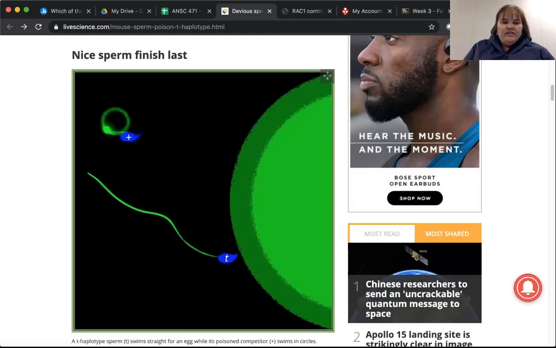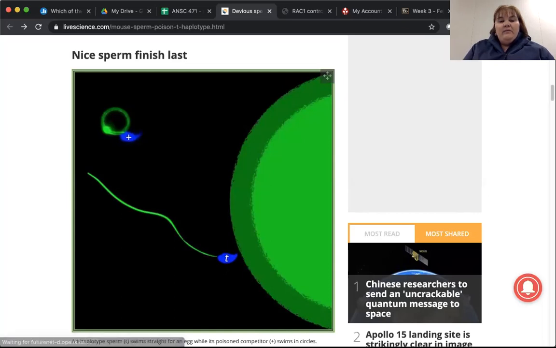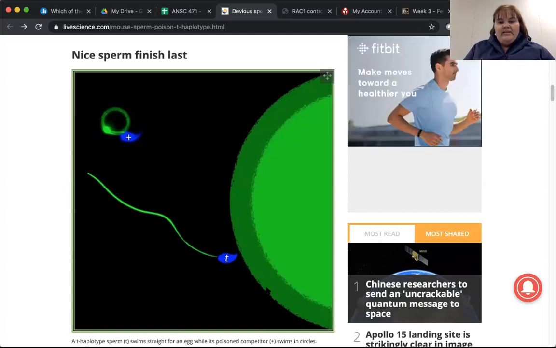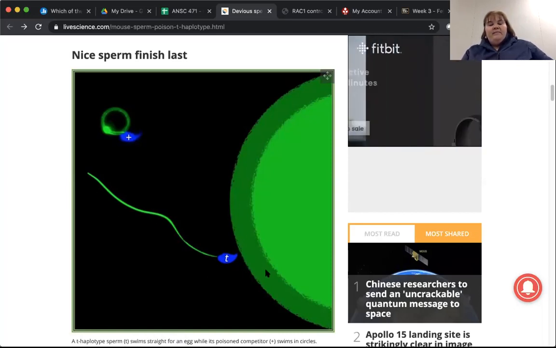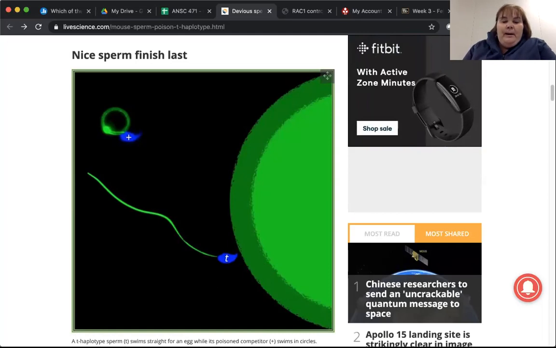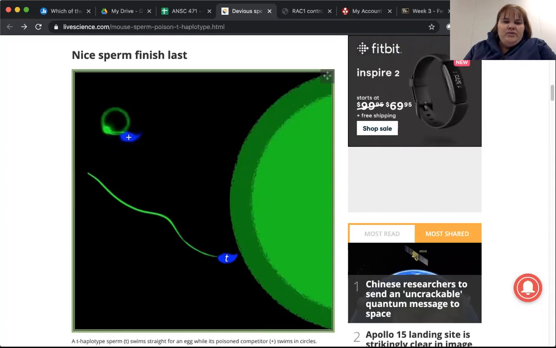This is an image with a sperm cell labeled as T. This is a normal sperm cell that has the favorable genotype. You can see that it is still in a normal configuration, and it is headed to the follicle to actually fuse and start the fertilization process.